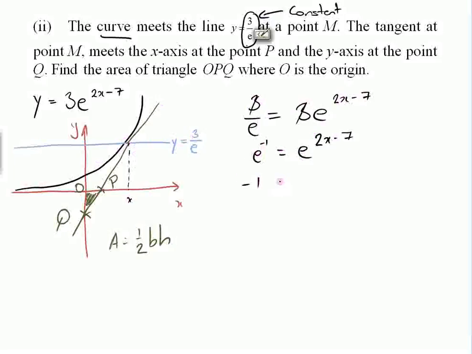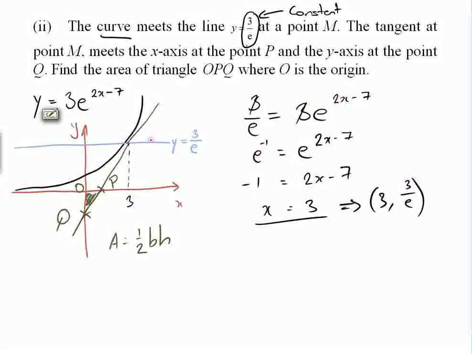So minus 1 is equal to 2x minus 7, and thus we get x equals 3. So this point here is actually 3. Okay, cool. So now I've got my point, which is going to be 3, 3 over e.